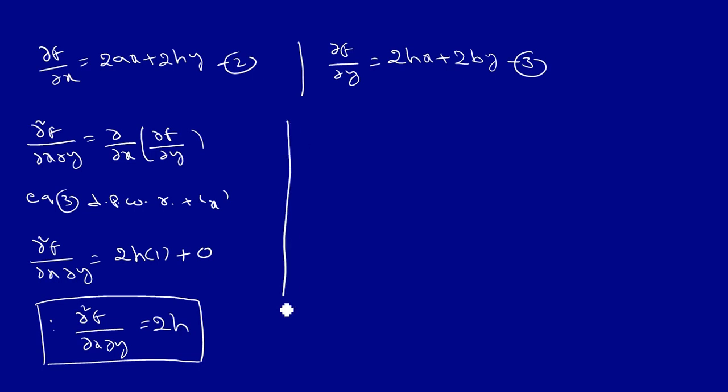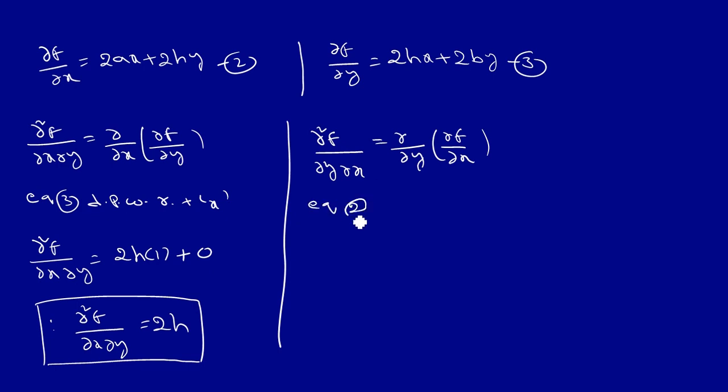Similarly we'll find ∂²f/∂y∂x, which equals ∂/∂y of ∂f/∂x. So equation 2 differentiated partially with respect to y.